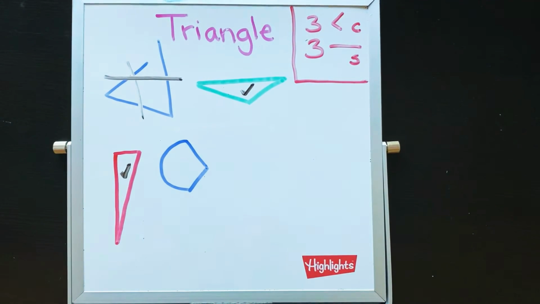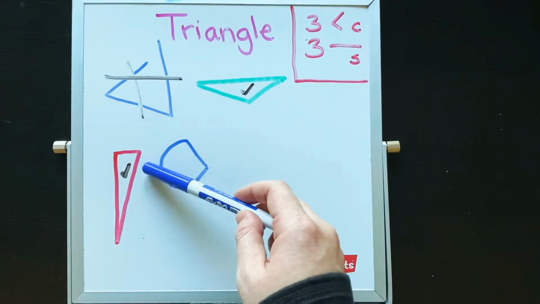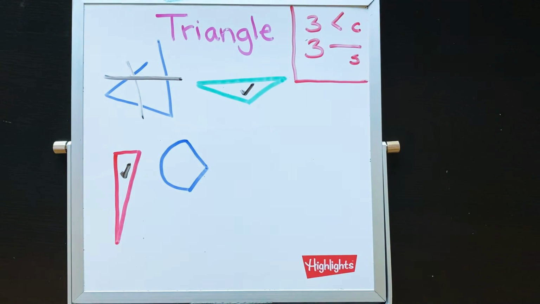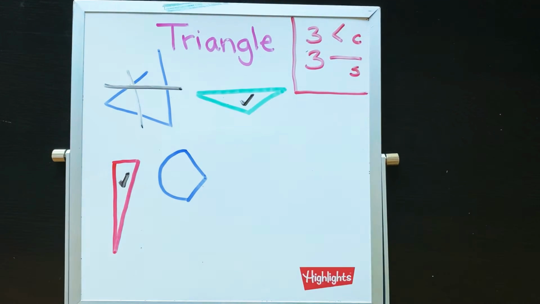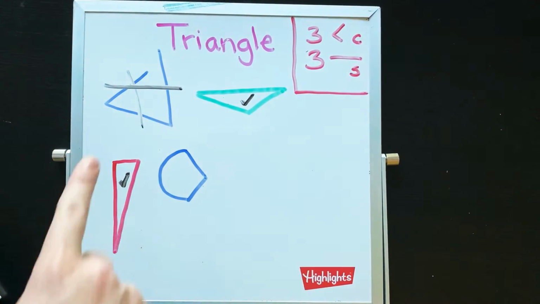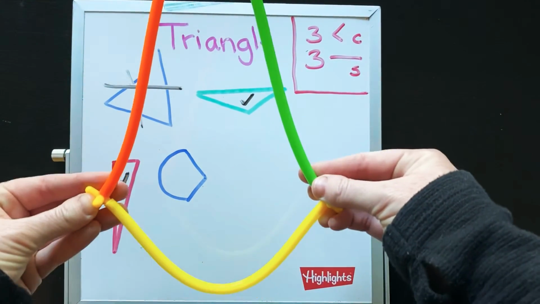What do you guys think? Is that a triangle? Okay, it has 1, 2, 3 sides. 1, 2, 3 corners. What do you guys think? Is that a triangle? Weird. I don't think it is either, but it does qualify based on the things that we said it needed to be a triangle. Now remember though, this is what type of line? Yeah, that's like this. Or where it curves.